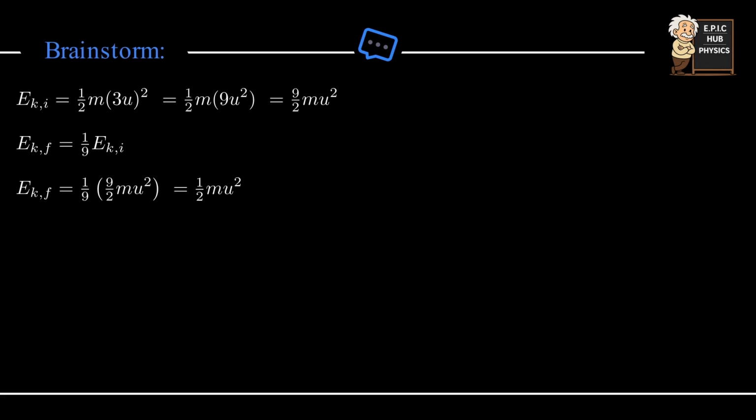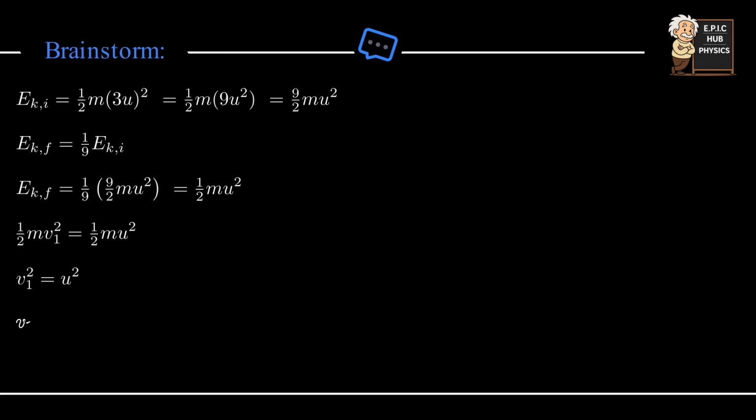Now we use the kinetic energy formula again, this time in terms of the final speed v1, to determine the final speed of the object of mass m. Thus, 1/2 m v1² equals 1/2 mu². The masses m and the 1/2s cancel out, leaving v1² equals u².